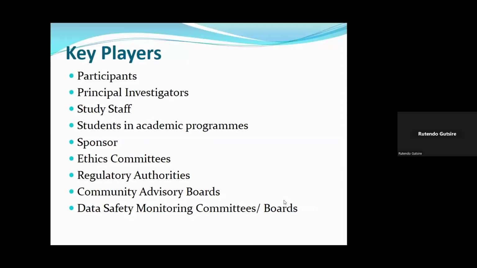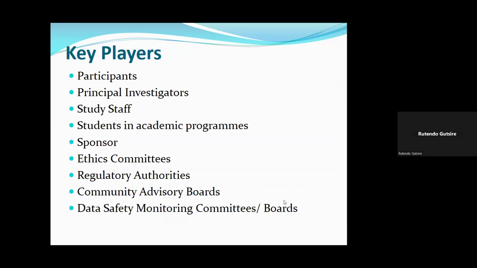We have what we call research participants, people who agree to take part in a research. Let's say it's collection of blood in a community to test the prevalence of HIV in that particular area. In the past, they used to be called research subjects. But when you say subject, it means people that we speak down to, we just do what we want. But now we call them participants, because without them, some of the research can't be done.